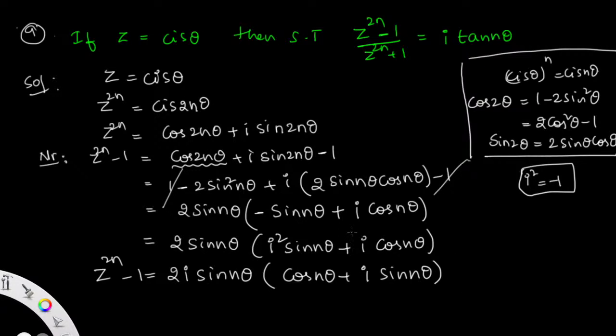Similarly, find z power 2n plus 1. Same thing, I am writing it on the next page. So z power 2n plus 1 is cos 2n theta plus i sin 2n theta plus 1. Adding plus 1 on both sides, where before we added minus 1.